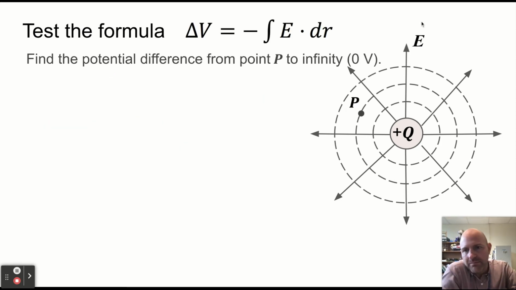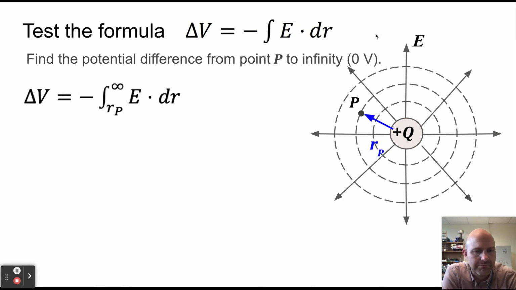So let's do it. What's the potential difference from point P to infinity? Well, point P is here at some distance RP from the charged particle. And we want to integrate from there to infinity to find the potential difference. We know that the potential at infinity is 0. So if we know the potential at infinity and we know the difference between infinity and this point P, we can tell what that potential would be at that exact point.